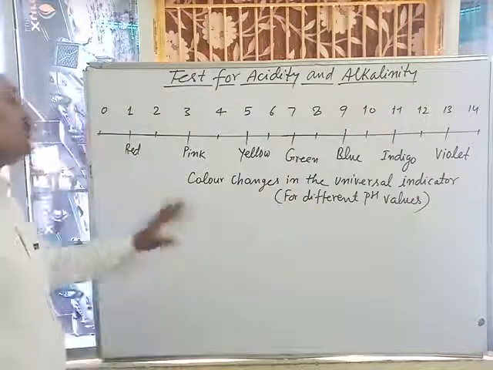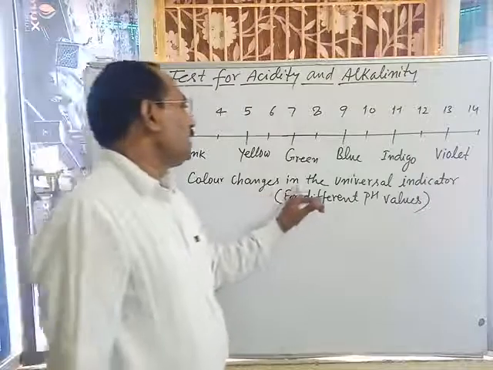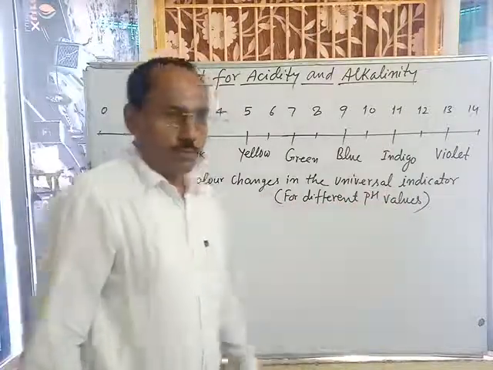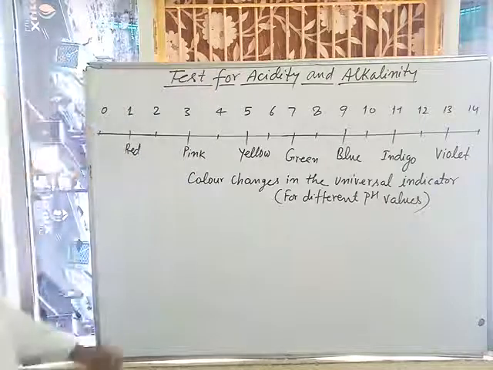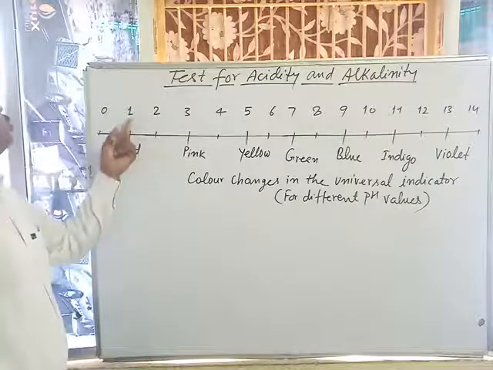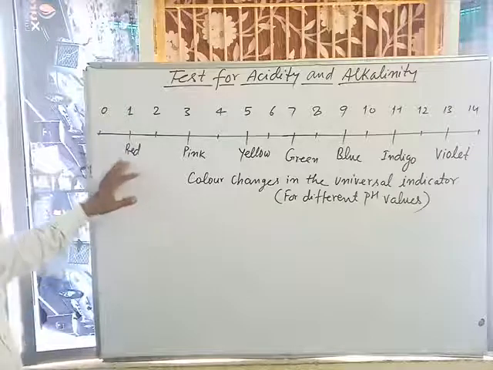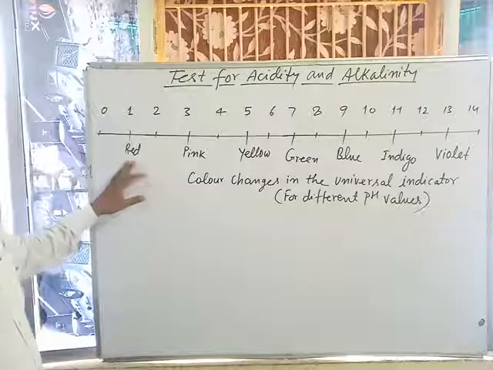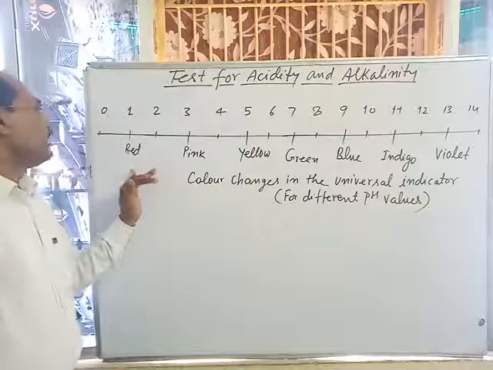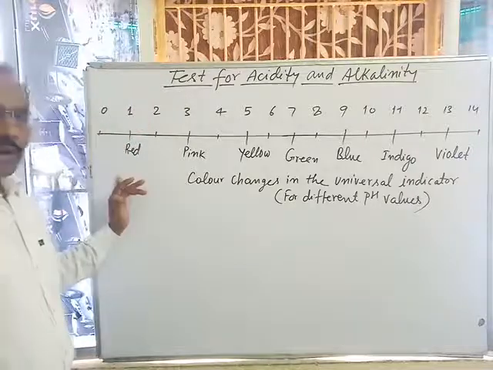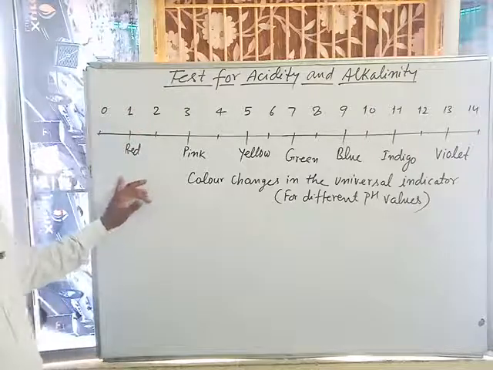This figure explains the color change in the universal indicator for different pH values. When the pH of a solution is equal to 1, the color of the universal indicator becomes red. Red color indicates that the pH of the solution is 1, that is, a strongly acidic solution.